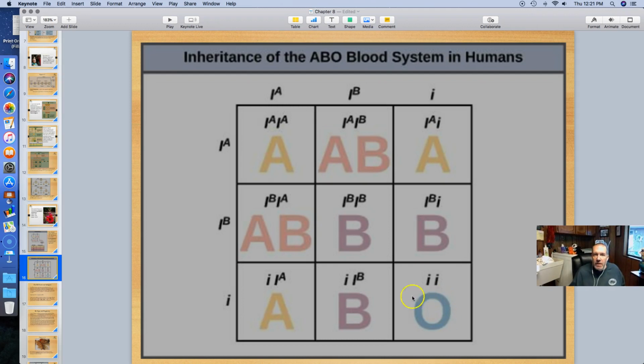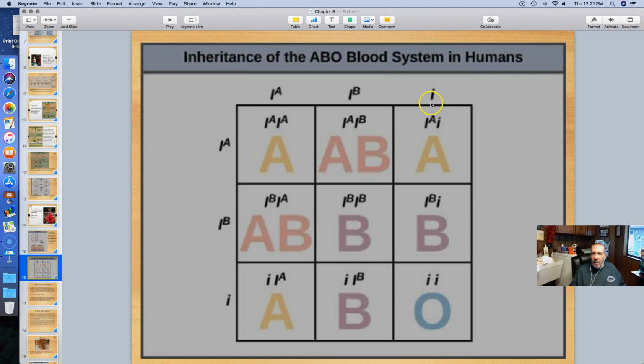And so this comes into play in a slightly different way. So here's the breakdown of the A and the B, and then this lowercase i here. Think of it as a placeholder.